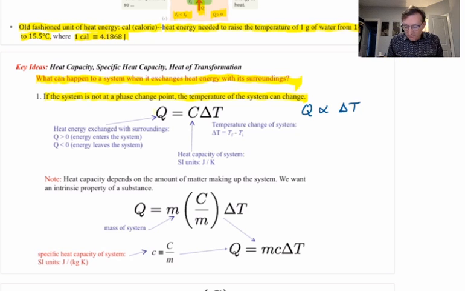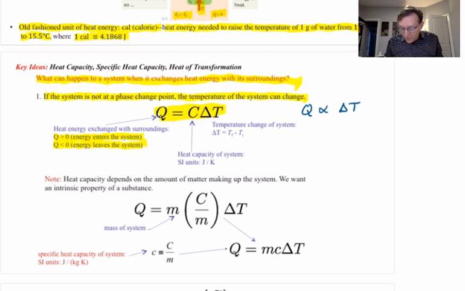And that's this expression right here. Q equals capital C delta T. Q, of course, is the energy exchange between the system and its environment. Q is a positive value when energy enters the system as heat, and Q is a negative value when it leaves the system as heat.